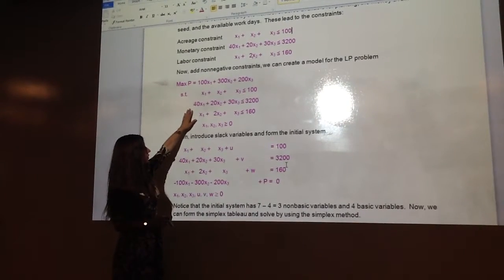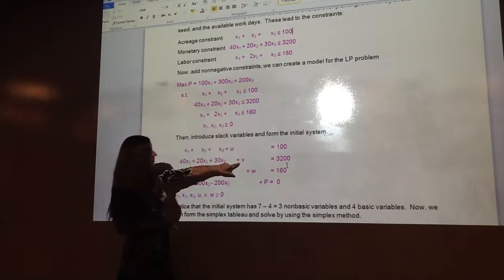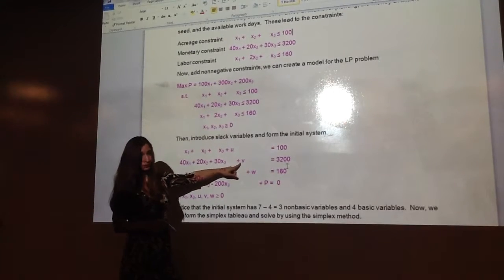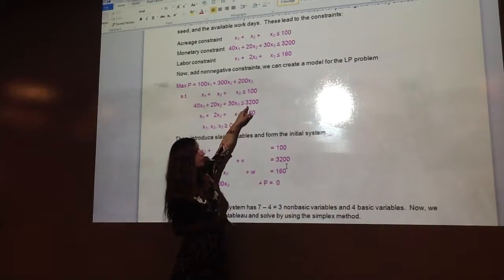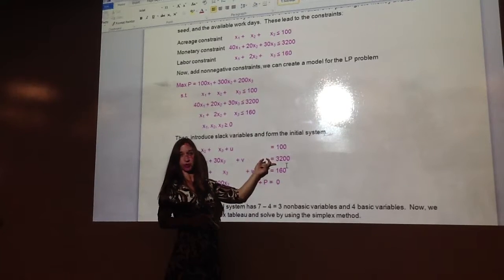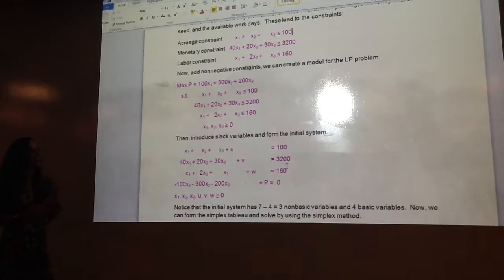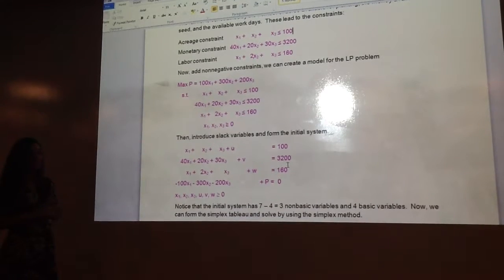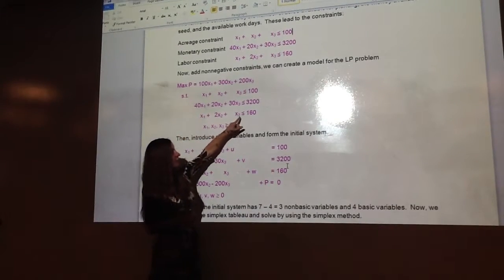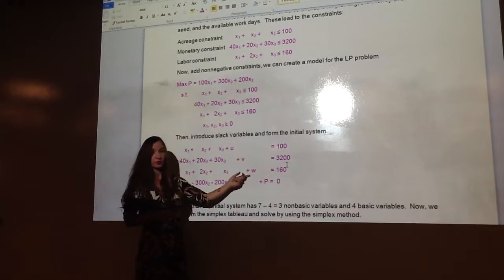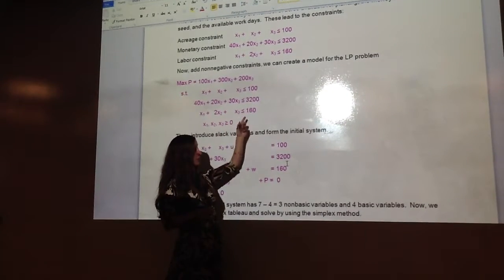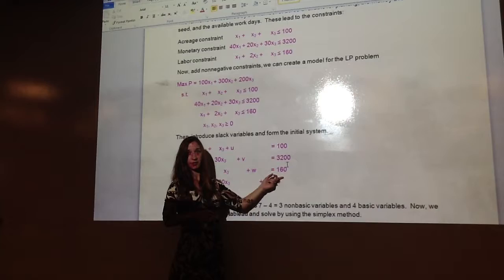The second constraint we're going to add our second slack variable of v to change the less than or equal to 3,200 into equals 3,200. In the third constraint, we'll have to add a third slack variable of w to change the less than or equal to 160 into equals 160.